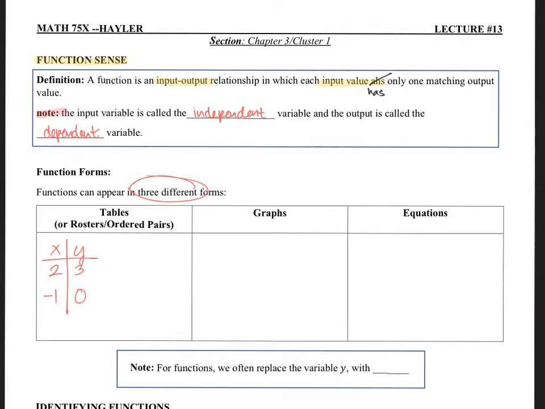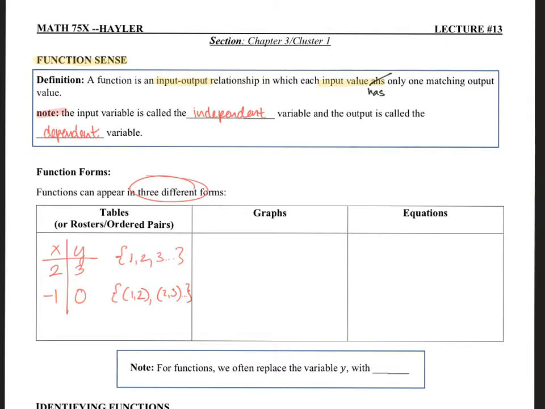That would be a table. Or, for example, a roster might be, in your little braces here, we just list off numbers. Or ordered pairs would be, maybe in this roster form, 1, 2, 2, 3, and so on. Those are the ways that sometimes you just list out numbers.